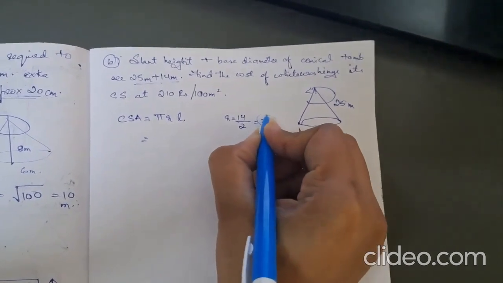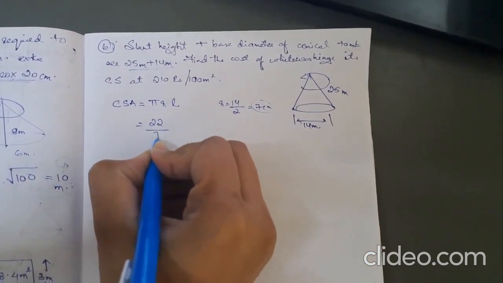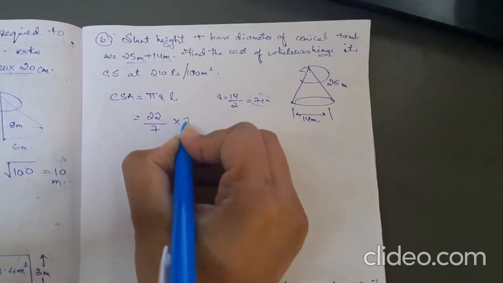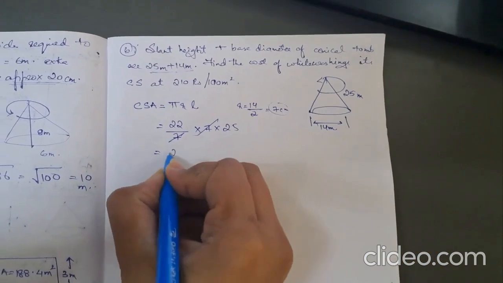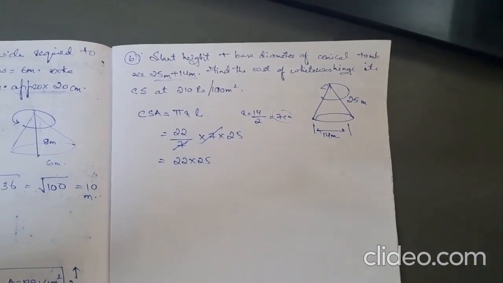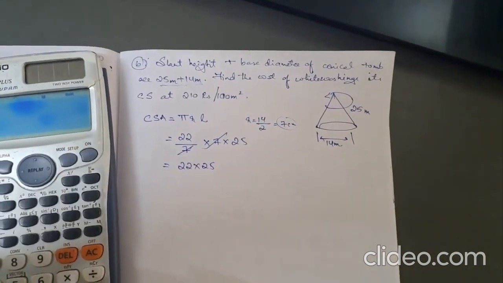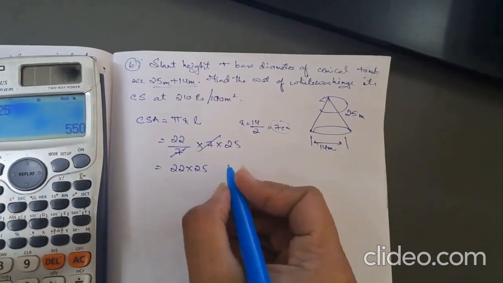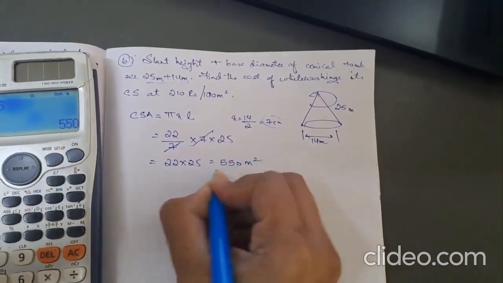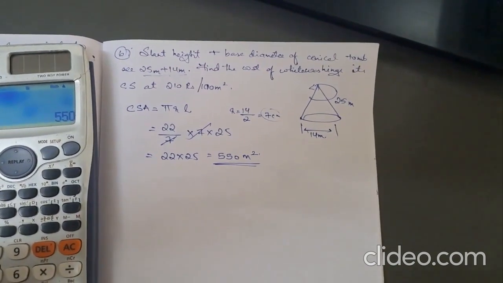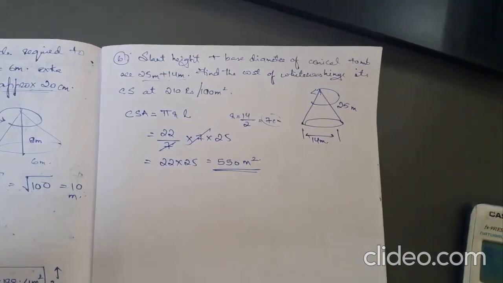So since I have 7 in here, I am going to use my pi as 22 upon 7 so that I can cancel this r. Okay, and this is 25. So 7 is gone. I'm left with 22 times 25. That becomes simpler. 22 times 25 is 550. So 550 meters square is the area of the tomb.